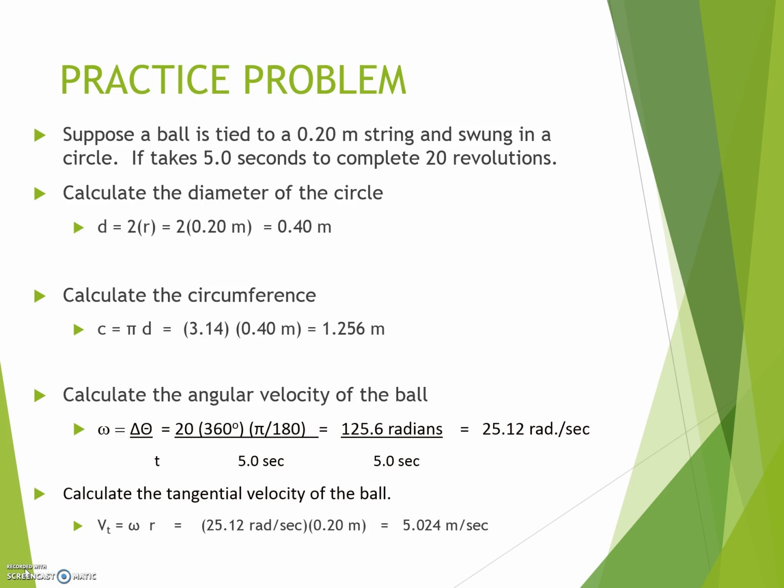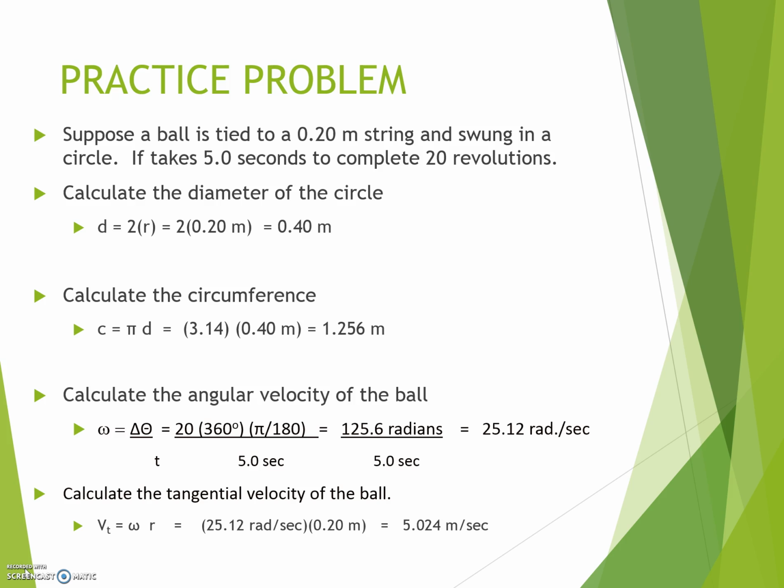So we would take 25.12 radians per second, which is the angular velocity. We would multiply it by 0.20 meters, which is the radius that the ball was traveling in before it broke loose. And that would give us a tangential velocity of 5.024 meters per second.